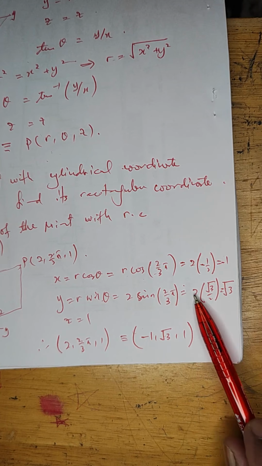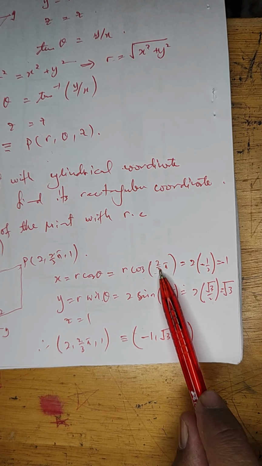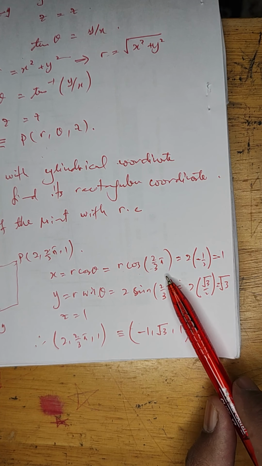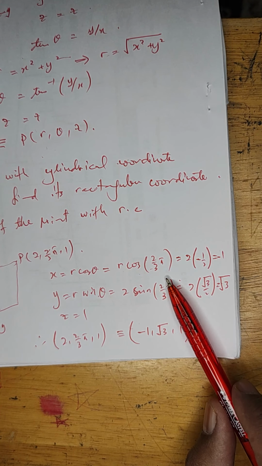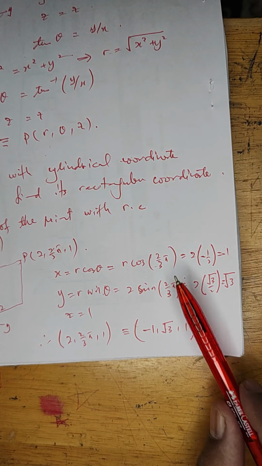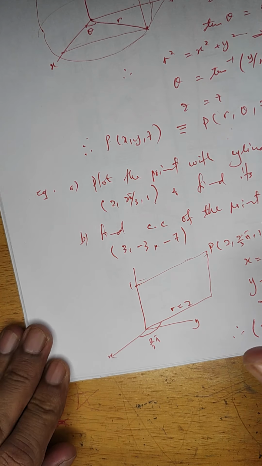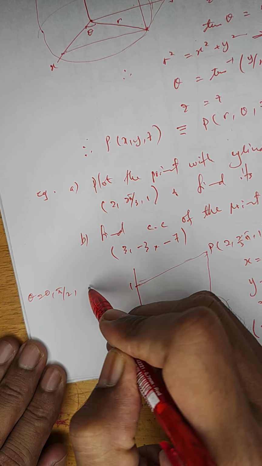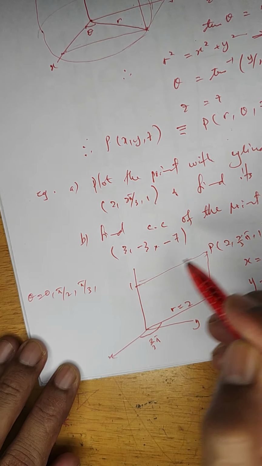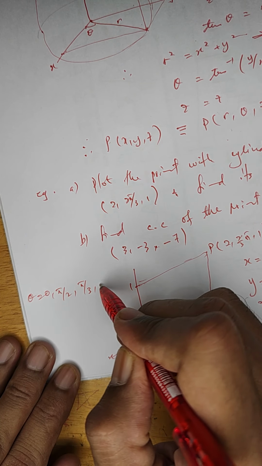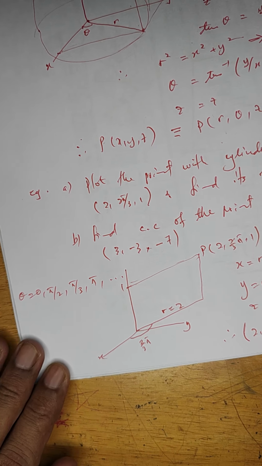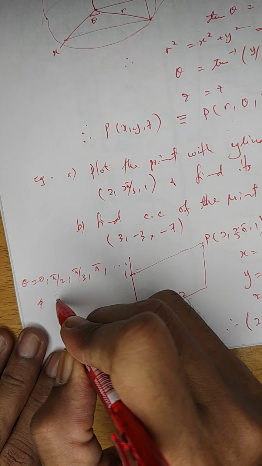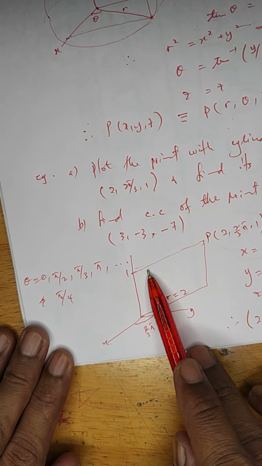Okay, so here of course this is a simple angle, a basic angle. You should know this without using a calculator. The angles like theta 0, pi over 2, pi over 3, pi, and so on, as well as pi over 4, we call them basic angles.